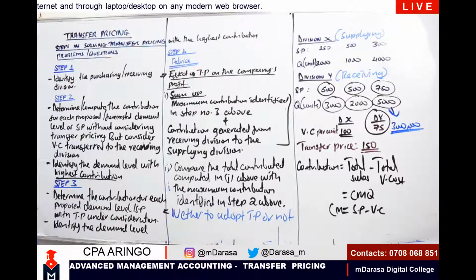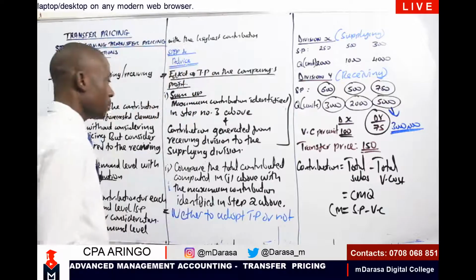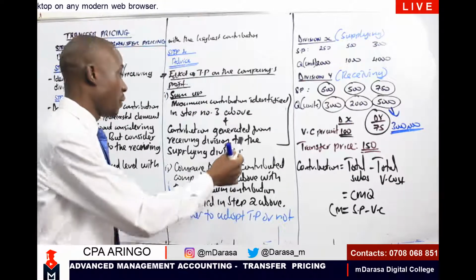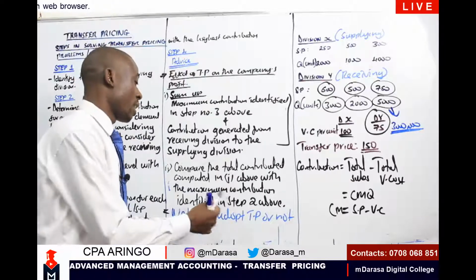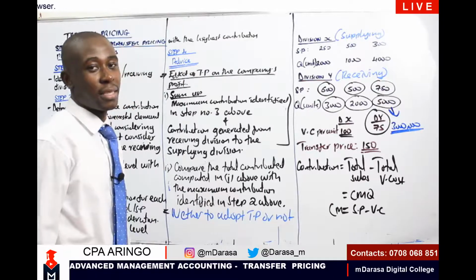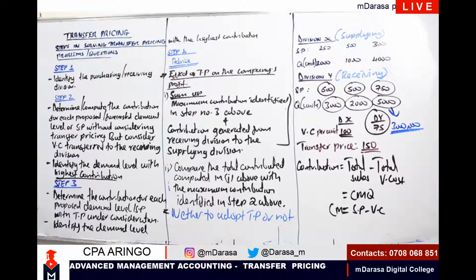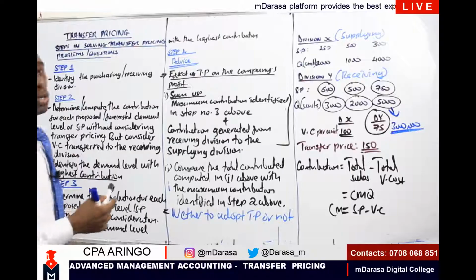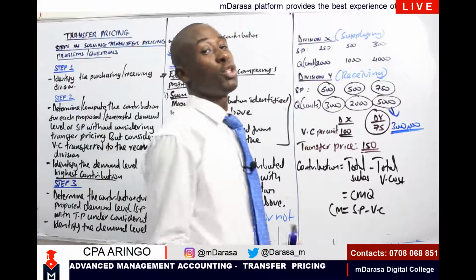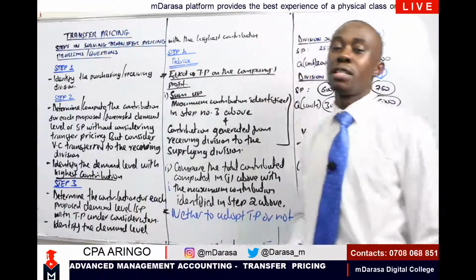In this case, what are we going to do? I'm going to compare whatever we are earning with transfer pricing against whatever we have if we don't have transfer pricing. Where we are generating the highest contribution is the one we're going to take. Meaning I'm comparing the contribution in step 3 and the maximum contribution identified in step 2 above.